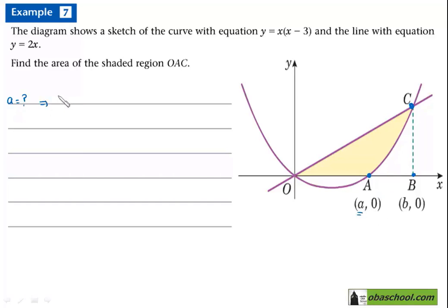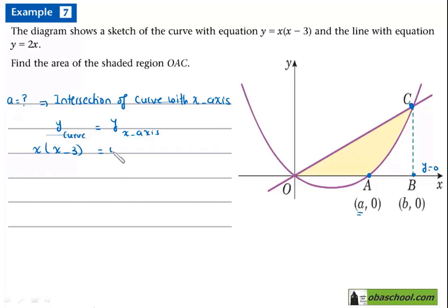Intersection of curve with the x-axis, we write the equation of the curve. Y curve equals y x-axis. Okay, so the y curve is x into x minus 3. Y x-axis is equal to 0.